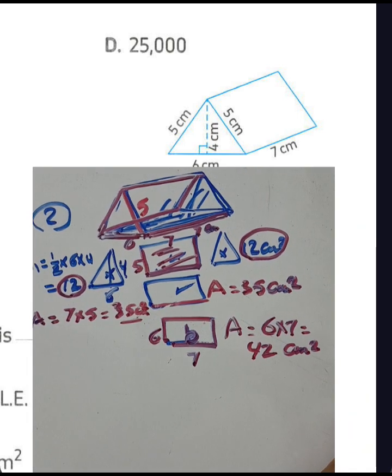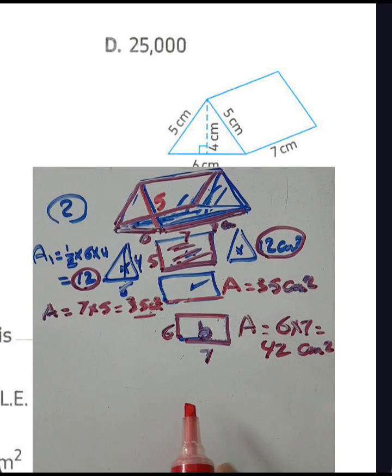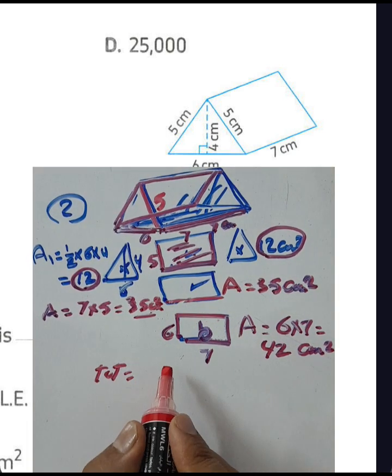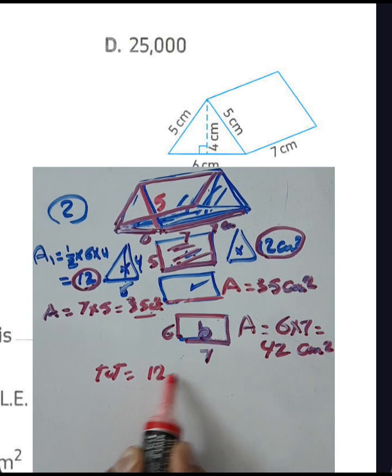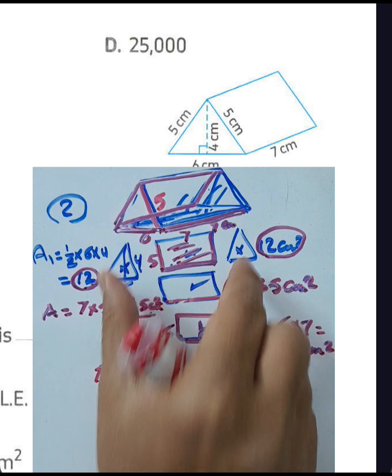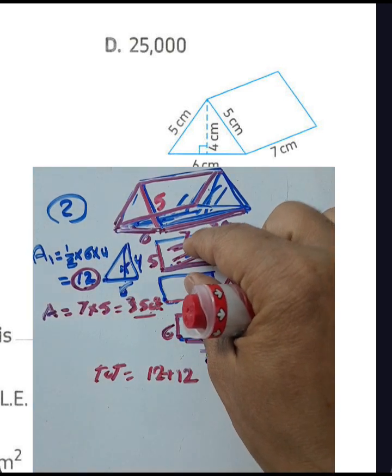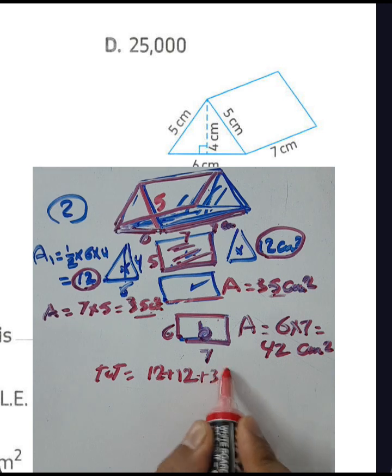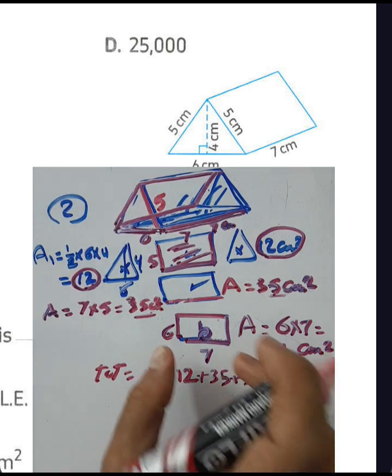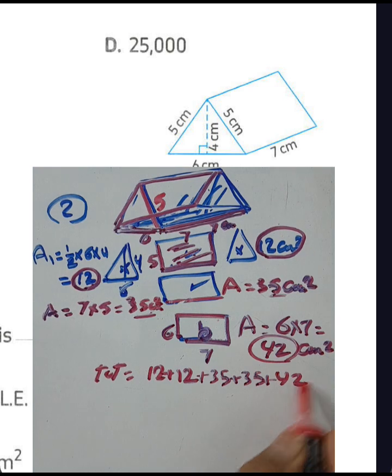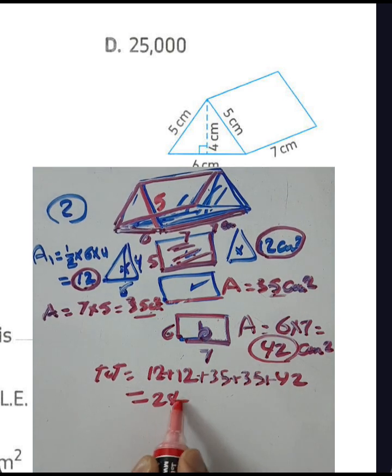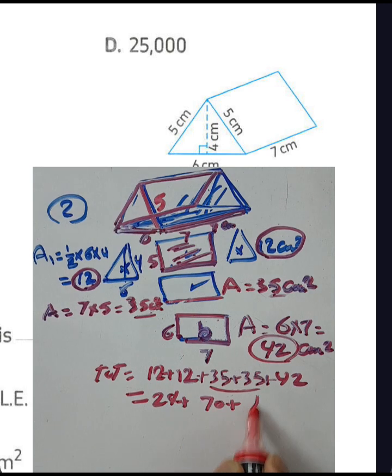Okay, then for the total area we can write 12 plus 12, the area of the two congruent triangles, and the area of the two congruent rectangles, 35 and 35, and the area of the rectangle in the base was 42. 12 plus 12 equals 24, and 35 plus 35 equals 70, plus 42. 2 plus 4 equals 6, 4 plus 7 is 11, 11 plus 2 equals 13.